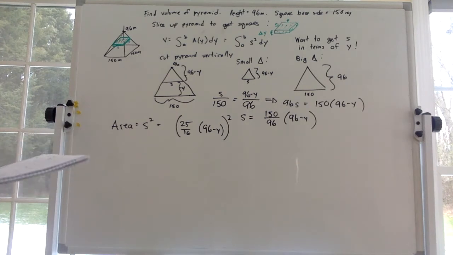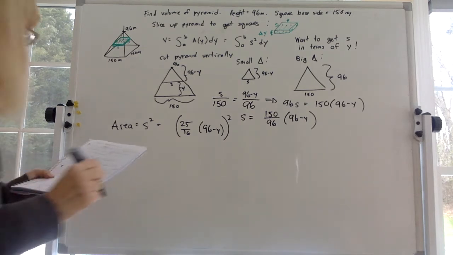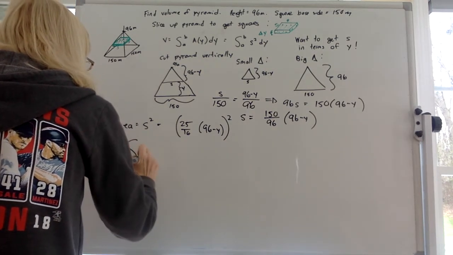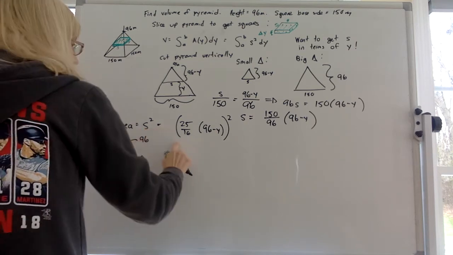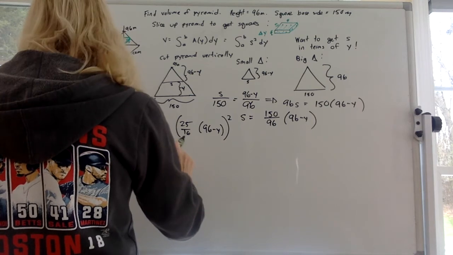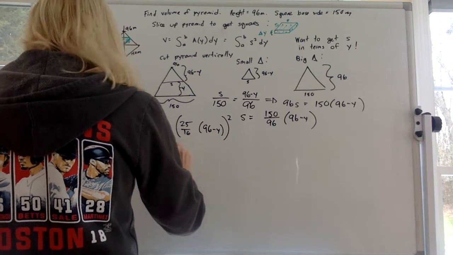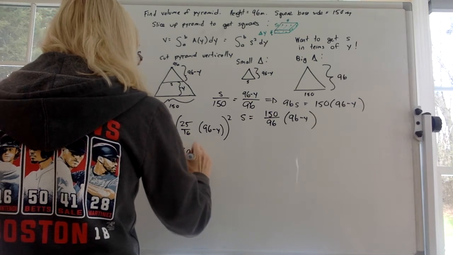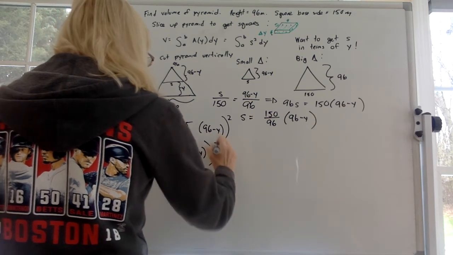So that's our area. Now we can do our integration. The volume is equal to the integral, going y from 0 to 96, of 25 over 16 times 96 minus y squared dy.